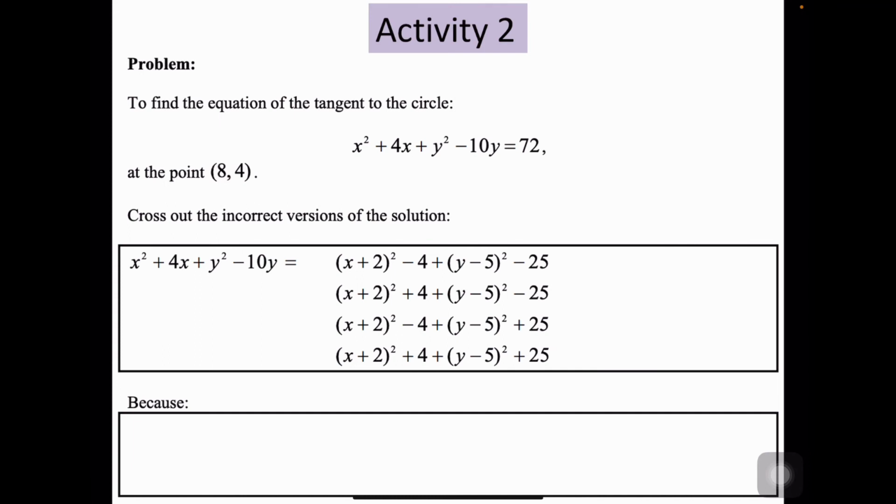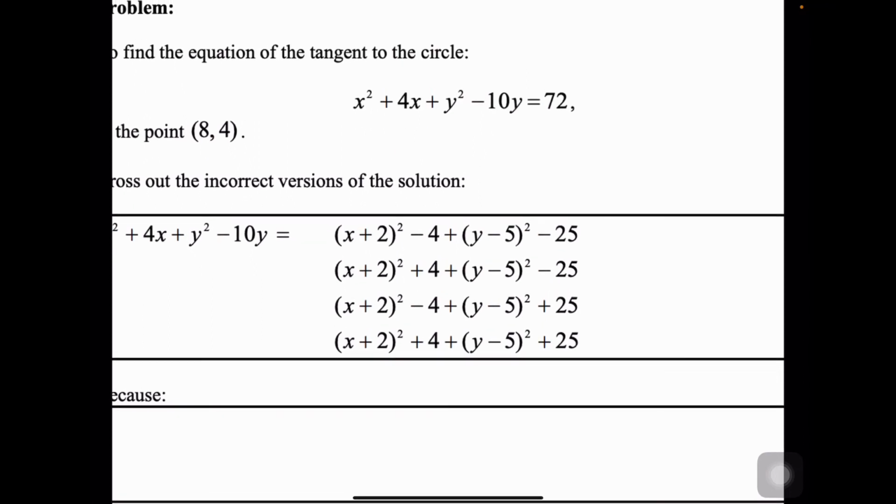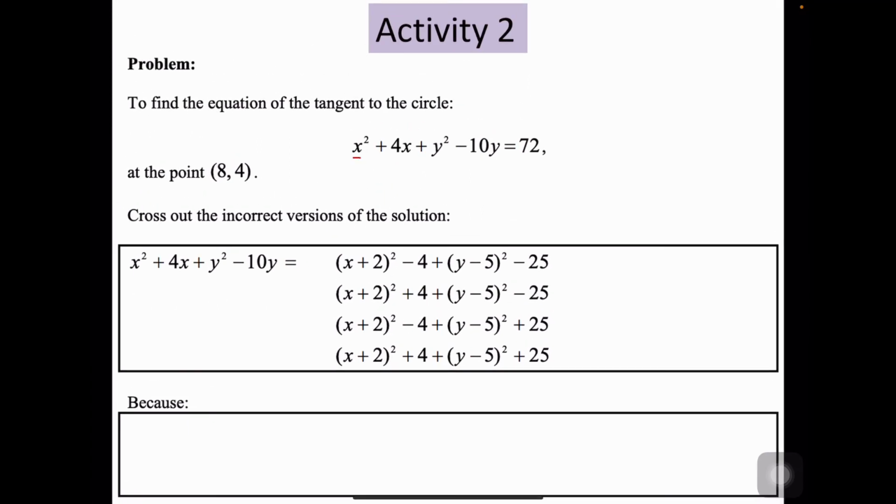So I'd like you to start off by completing the square on the x terms and the y terms, and hopefully you got x plus 2 squared take away 4 and y minus 5 squared take away 25.